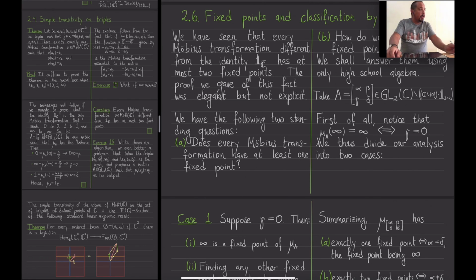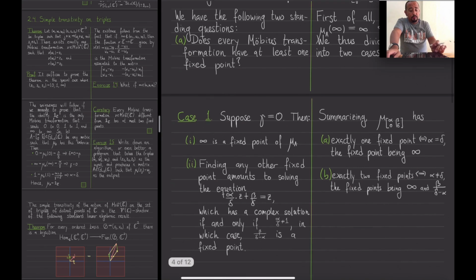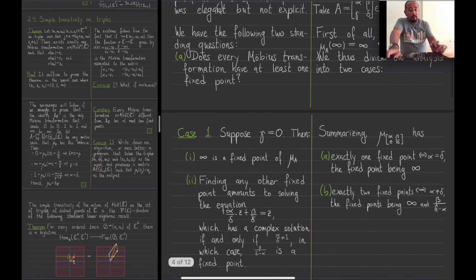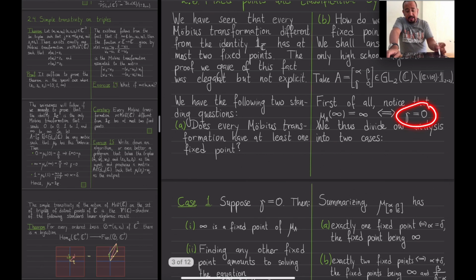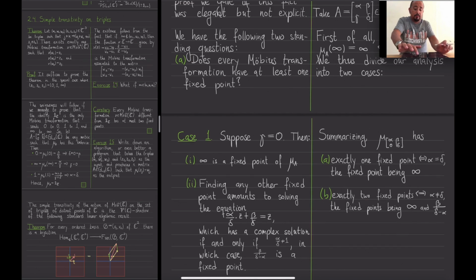So we are going to divide our analysis on whether infinity is a fixed point or not. That is, in terms of whether gamma is 0 or not, right? Which is what I can see directly in the matrix, right? Okay, so I analyze 2 cases.